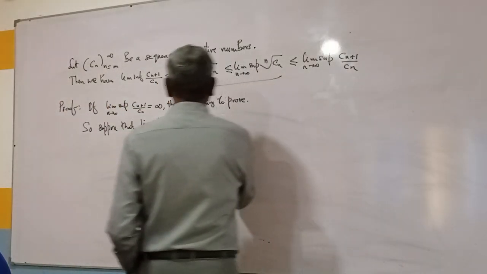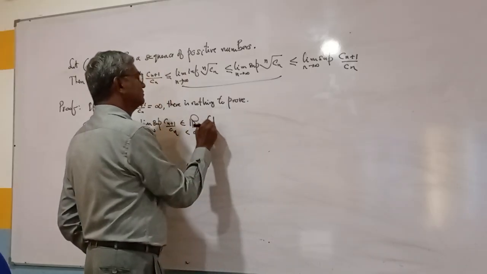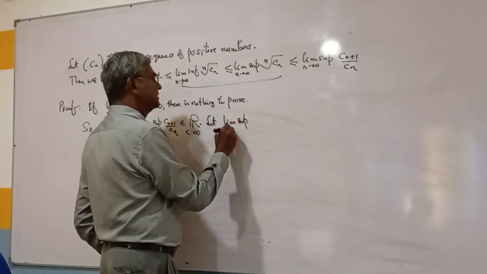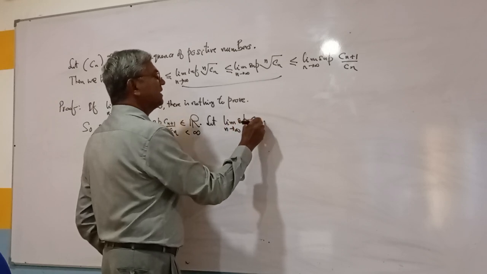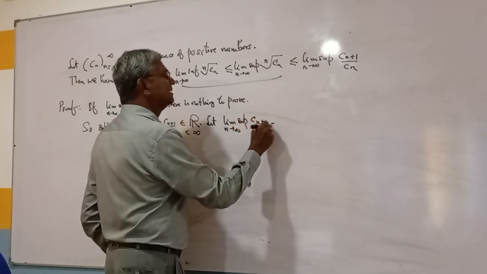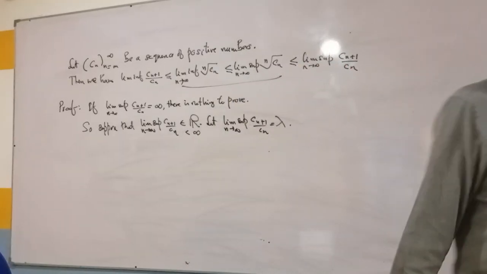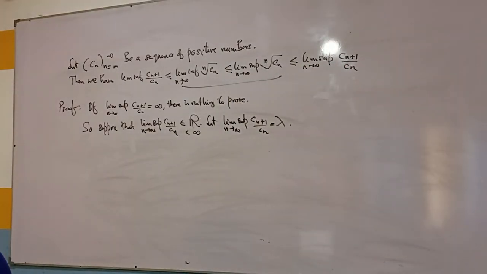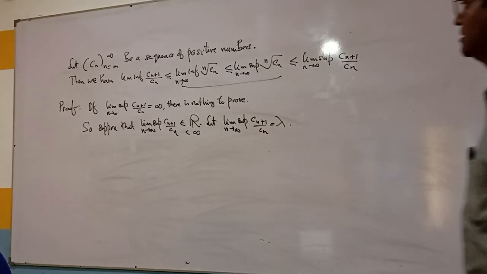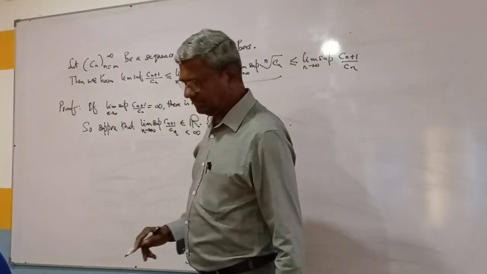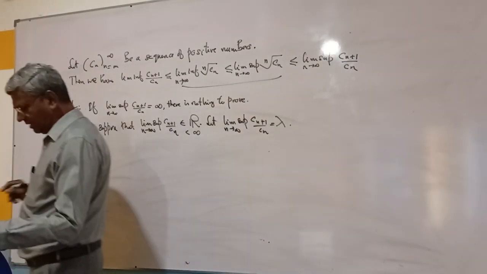Let lim sup of c_{n+1} over c_n be equal to lambda. Then I have to prove that the lim sup of the nth root of c_n is less than or equal to lambda.